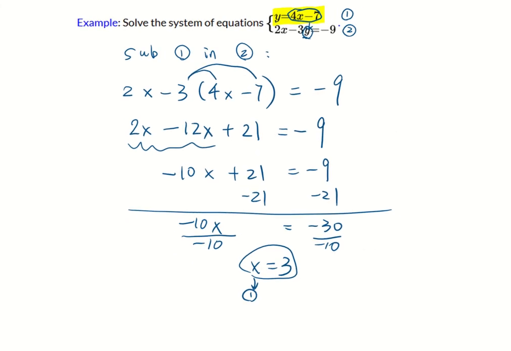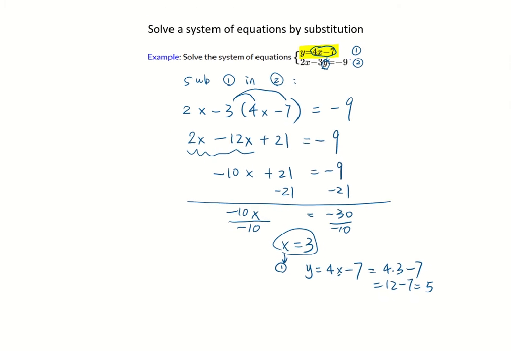Okay, so what is the first equation? Y equals 4x minus 7. So I'm going to substitute this x here by 3 because we already solved for x. So 4 times 3 minus 7, that's 12 minus 7, which is 5. Okay, so here we have the solution for an ordered pair.